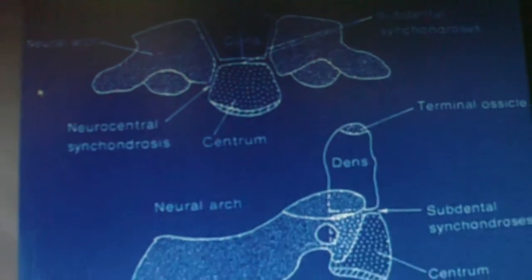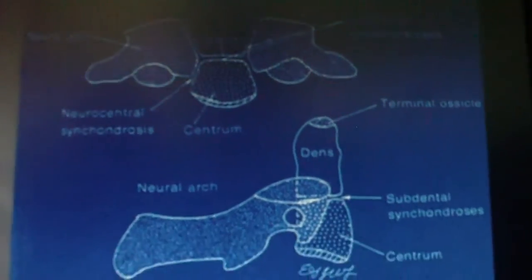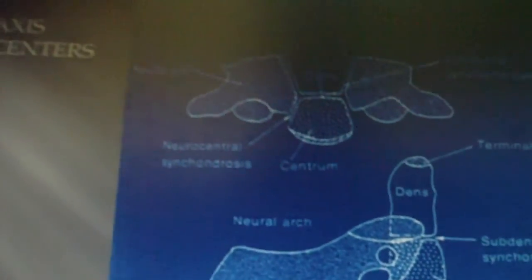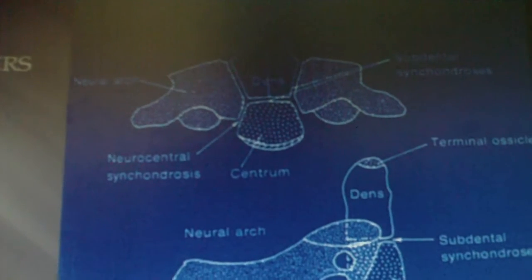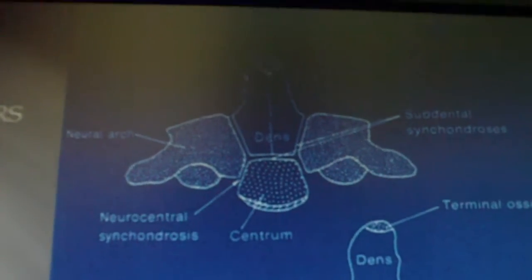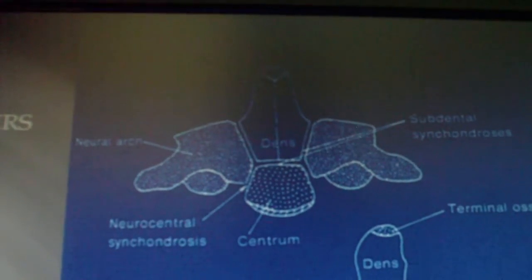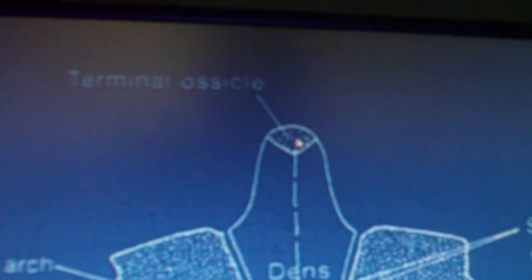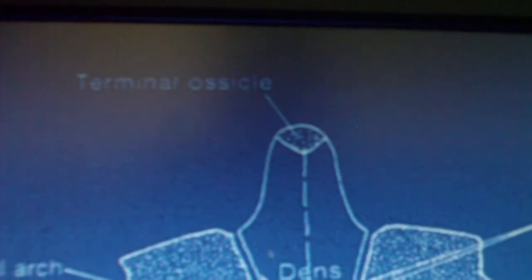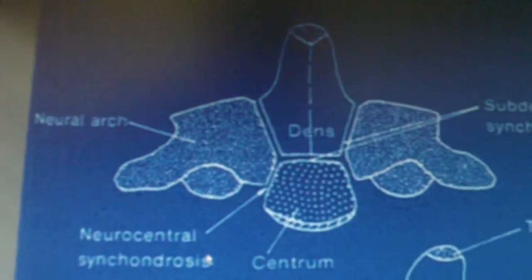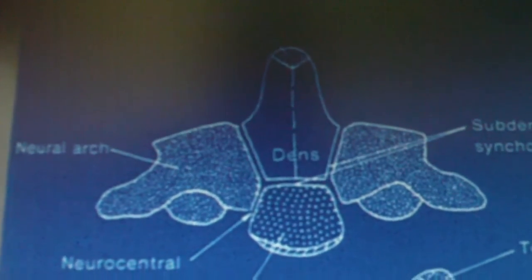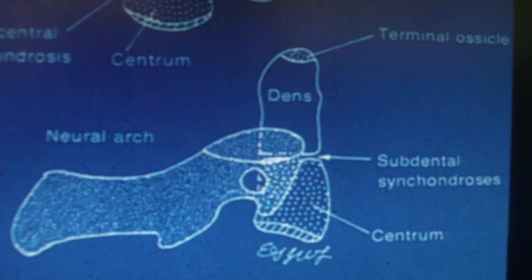Okay, so again, remember, certain areas here, like we talked about an os terminale, right? That's because of persistent non-union, and there's cartilage, and it's not because of a fracture, it's just a separation of one component, an apophysis, from the parent bone. Also, at the base of the dens here, right?